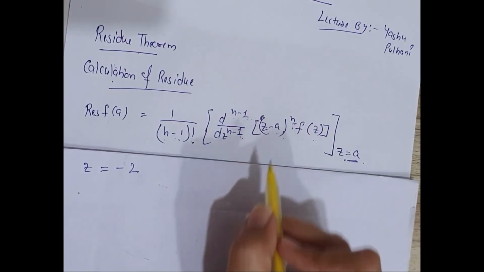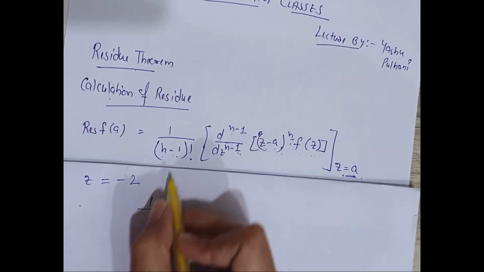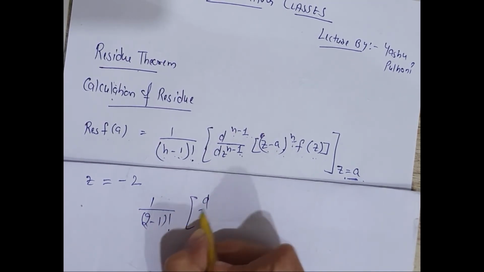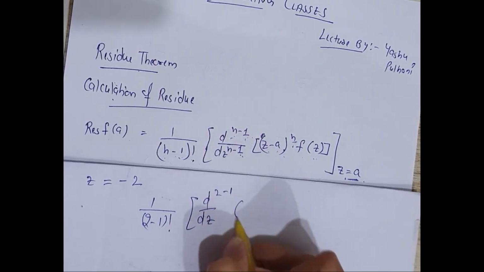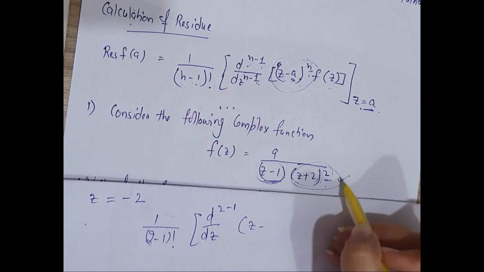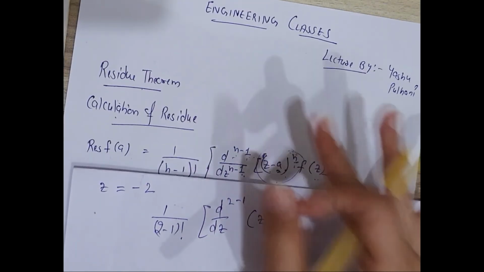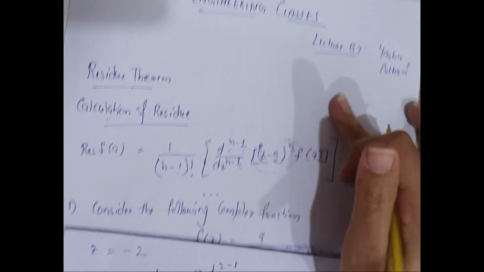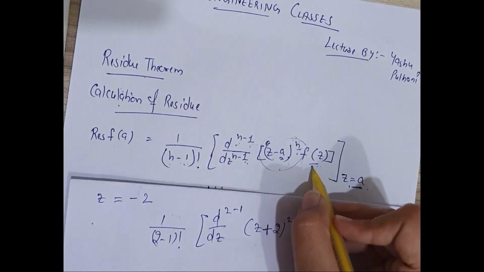Now put this in this formula, that is 1 upon, here n is 2, that is n minus 1 means 2 minus 1 factorial, differentiation with respect to z, n minus 1, that is 2 minus 1. This function represents the one whose residue we have to find. We have to write this function, that is (z minus 2), (z plus 2) square. Write it, (z plus 2) square f(z).